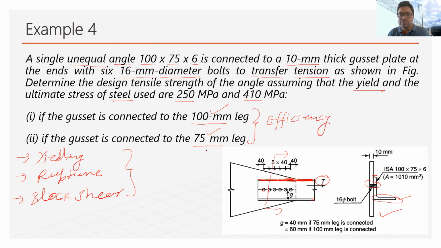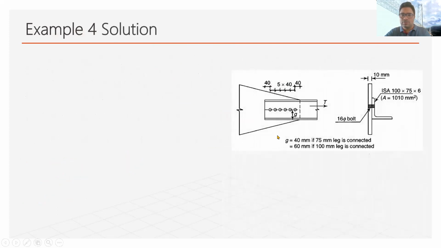Whichever leg we can apply, we will try to find out the efficiency, and we will connect only that leg which will give us the maximum efficiency. So we will find out the design tensile strength and also the efficiency to get an idea of which leg should be connected, whether the longer leg or the shorter leg. So now we will start our problem.